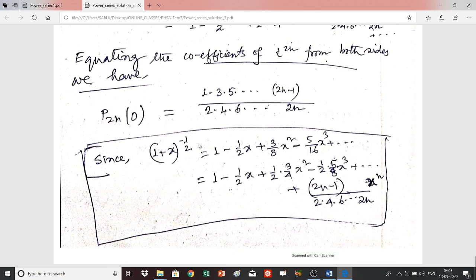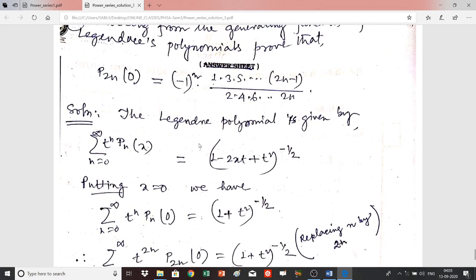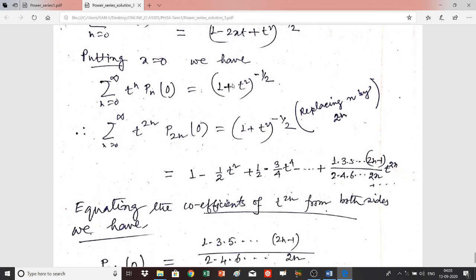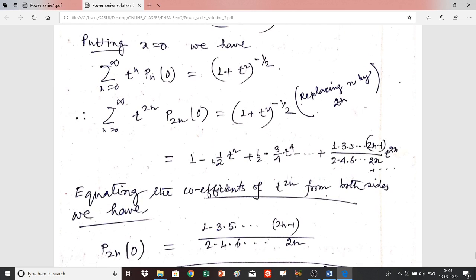Now what was the problem? The problem was that P2n is equal to this. Here you should remember that the signs go minus, then plus, then minus, then plus. So the last term will have minus 1 to the power n. So there is another term, minus 1 to the power n.